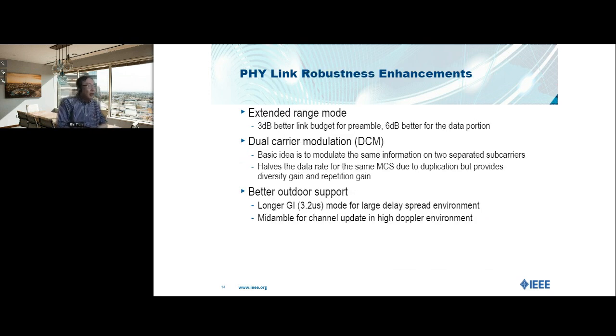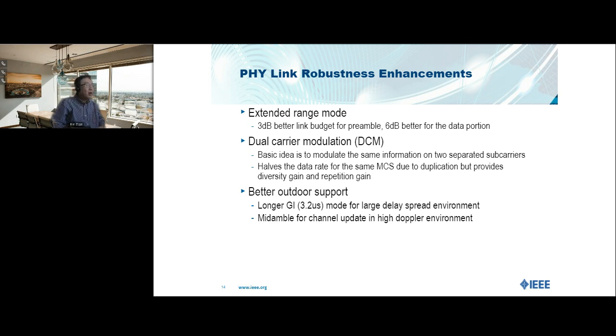Another thing 11ax improved on the Wi-Fi link is robustness. The first thing is trying to extend the range. We'll cover this later in the training slides. Essentially it is introduced as the extended range mode.